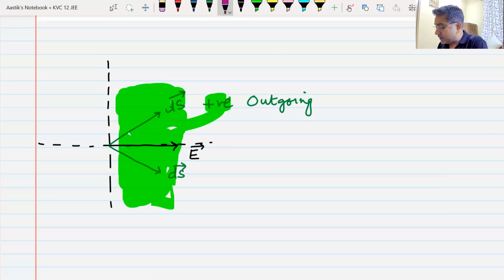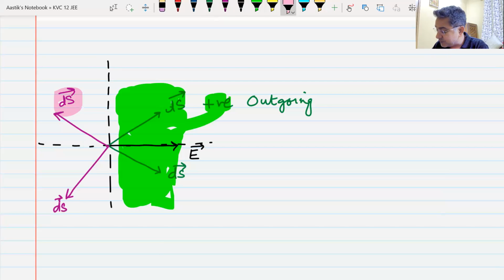Now, if you had your area vector like this, remember the electric field is still there. Your area vector is like this or like this, in the second and the third quadrants, which I will call the pink quadrants. If they were in the pink quadrants, your flux is going to be negative. Do we understand this?